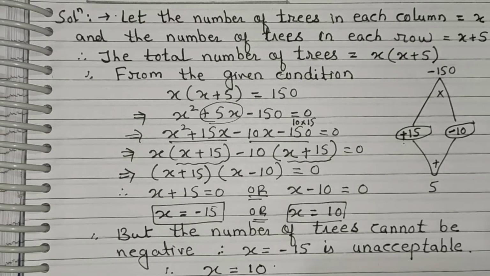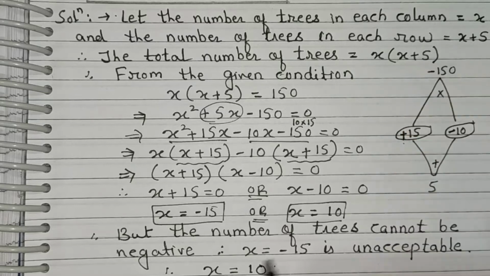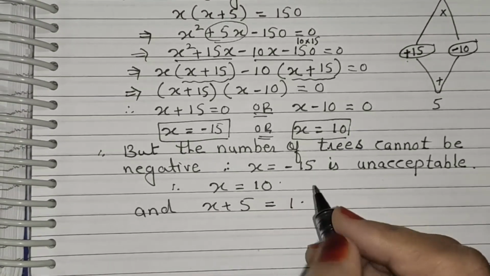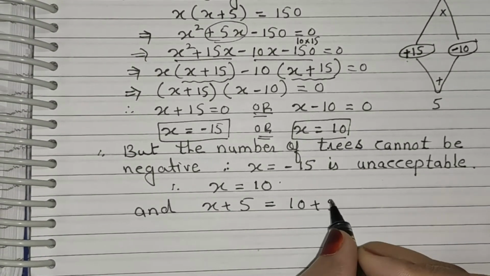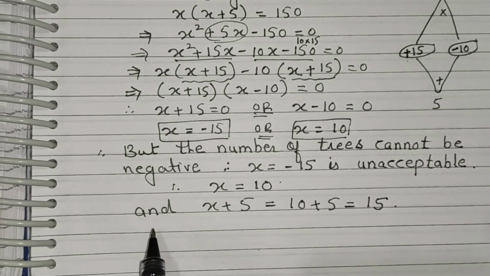And it is number of trees in each column x and the number of trees in each row which is equal to x plus 5. Therefore we get here 10 plus 5 which is equal to 15. Therefore write down the answer.